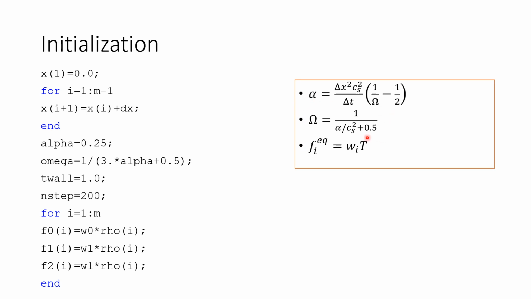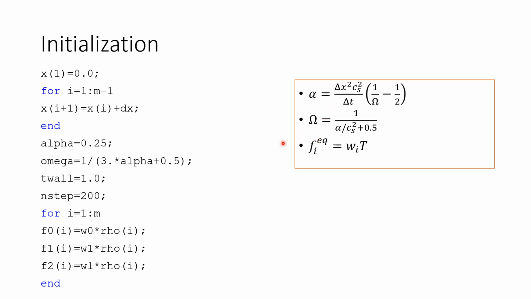since we know alpha, we can determine the collision operator omega by using this formula. And this is a bit different from the example that we have done for the hand calculation, because we were using the relaxation time tau, but for this case we are going to use the collision operator omega.